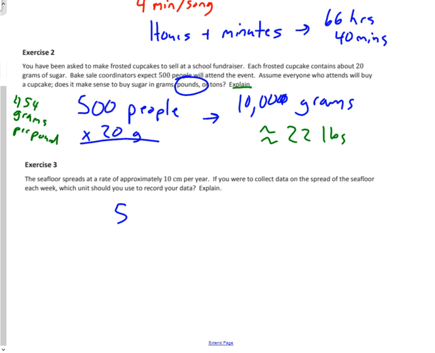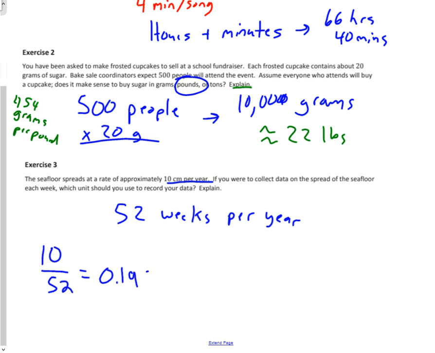There are 52 weeks per year. So if we take 10 and divide it by 52, we get 0.1923 centimeters per week.